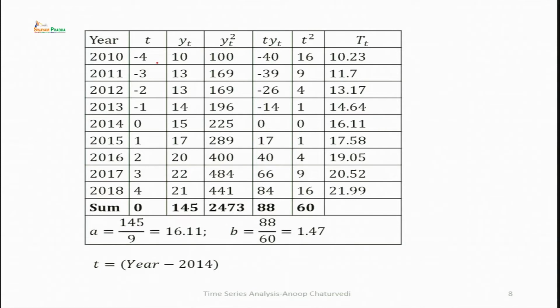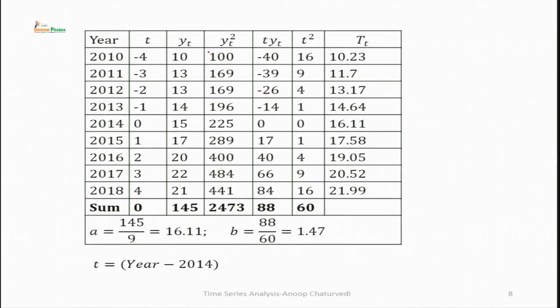Then you add all the t's, it becomes 0. You also require summation of y t. So, summation of y t means 10 plus 13 plus 13 plus 14 plus 15 plus 17 plus 20 plus 22 plus 21. So, ultimately you get 145. Then you can also calculate y t square.